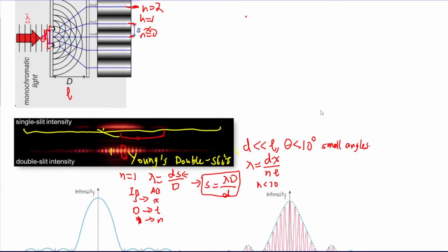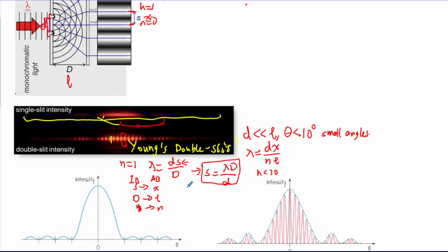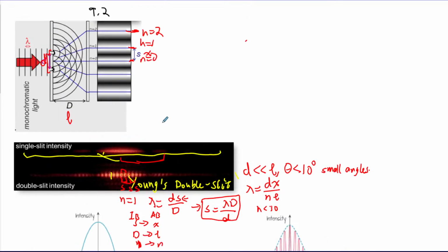So he also drew the reasonable conclusion to estimate that the distance between all the maxima is the same. This distance here is s, right? That's s. But this distance here is also s. This distance here is also s, which means you can find a distance between the fringes, the bright spots. They are all equal to lambda D over d.